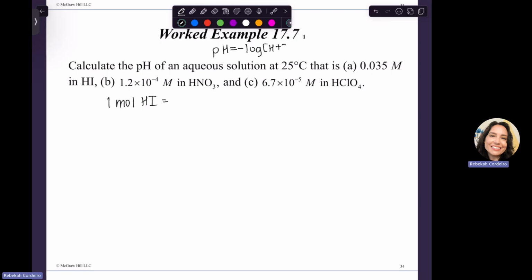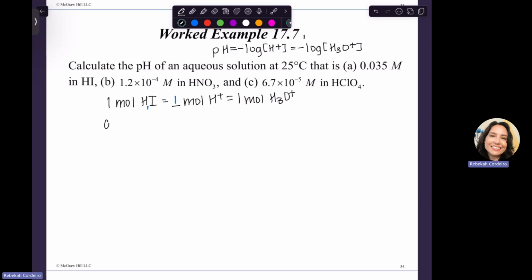We can think about H plus concentration, but in reality, H plus is really H3O plus or hydronium. So we need to think about in 1 mole of HI, how many moles of H plus are there? Well, there's 1 H in every 1 HI, so that would be 1 mole H plus, which would also mean 1 mole of hydronium, because they're a 1-to-1 ratio.